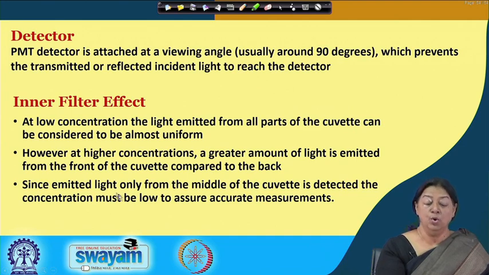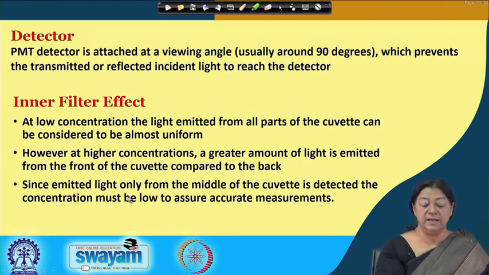Now, at low concentration, the light emitted from all parts of the cuvette can be considered to be almost uniform. So, we saw what a cuvette was, and in the case of the fluorescence cuvette, it will look different than a UV cuvette. However, at higher concentrations, a greater amount of light is emitted from the front of the cuvette compared to the back.